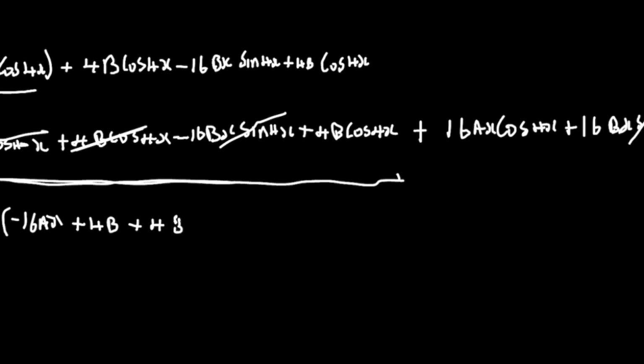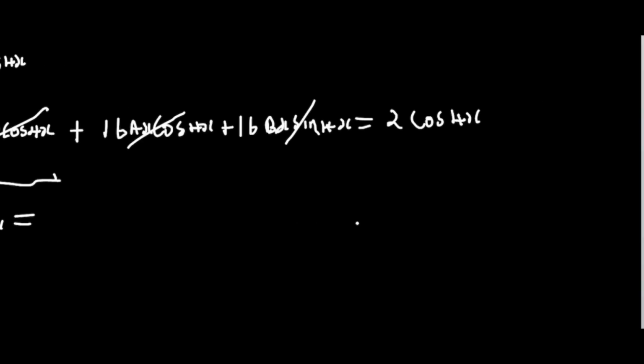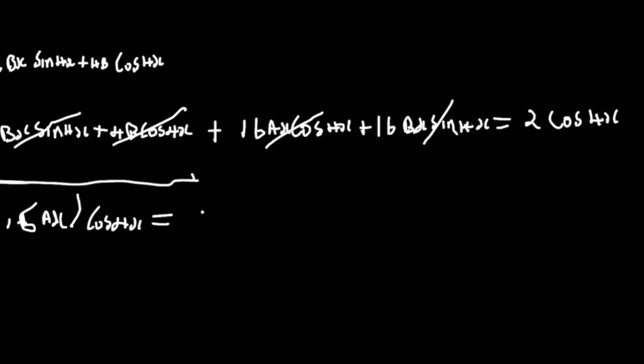And plus 16ax. We're finally done with that. All that cos 4x will be equal to 2 cos 4x.